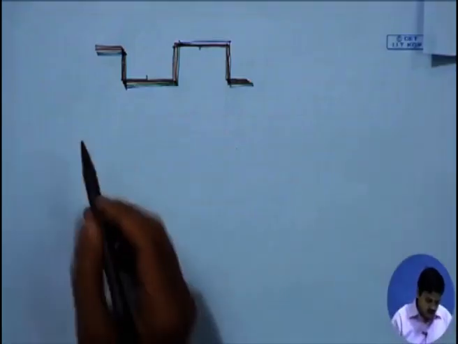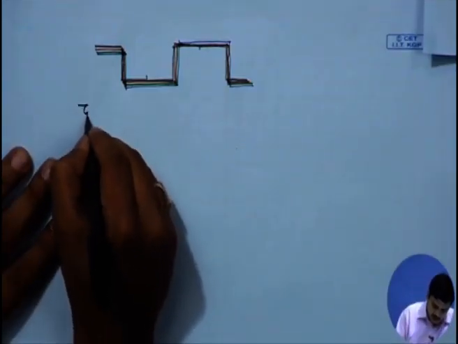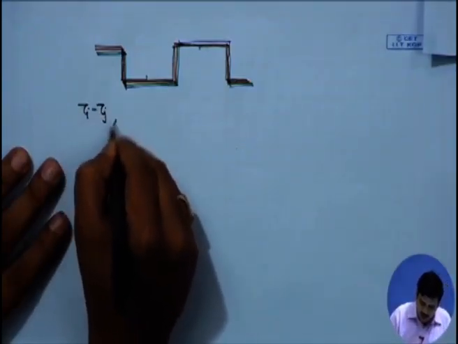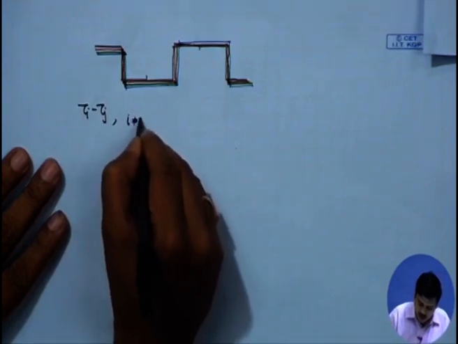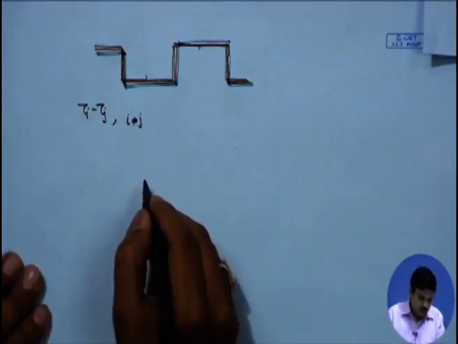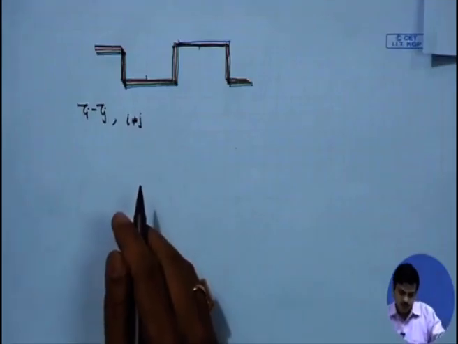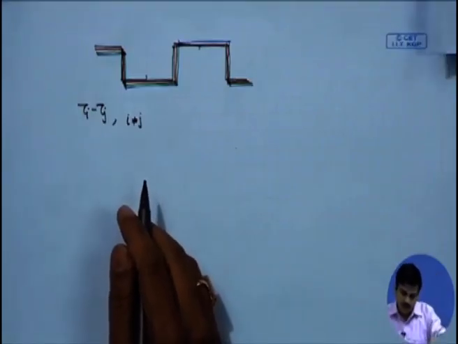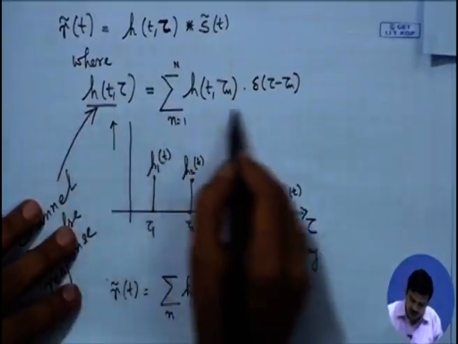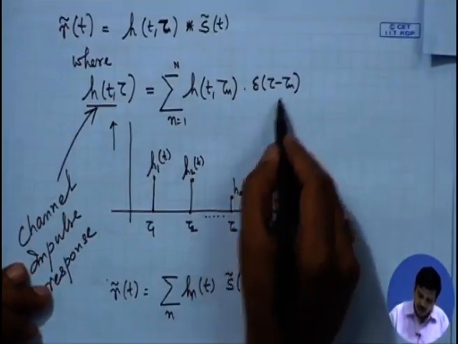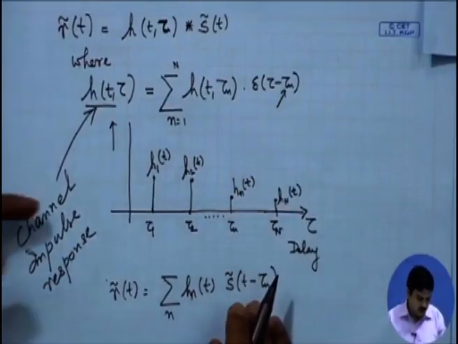So, in other words, we are saying that tau i minus tau j, for i not equal to j, is very small. In other words, when we are writing the coefficients, that means when we are writing the channel impulse response, we would look at this particular expression.